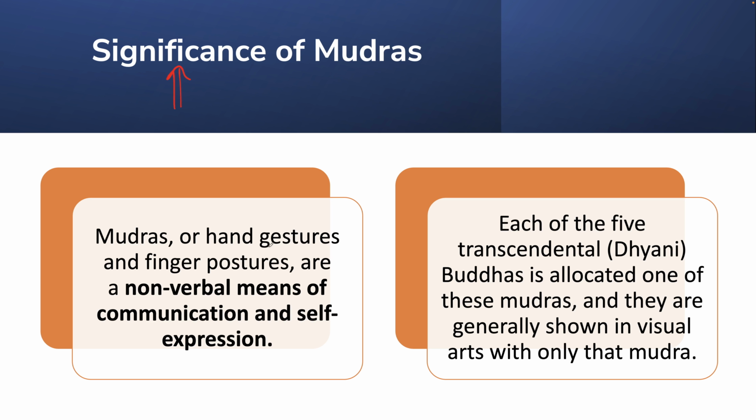Like I said, these are hand gestures and finger postures. Mudras are non-verbal means of communication and self-expression. Each of the 5 transcendental Dhyani Buddhas is allocated one of these mudras, and they are generally shown in visual arts with only that mudra.